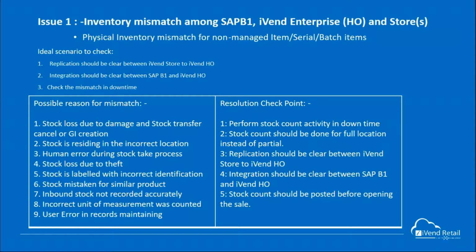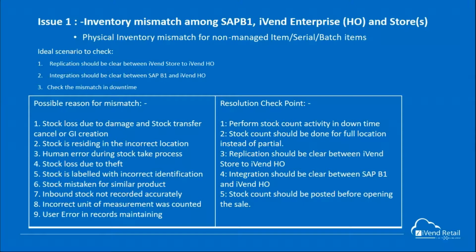So you always need to take the utmost care that when you are doing the inventory reconciliation between two points, the iVend enterprise on one side and the store on the other, you ensure replication is all clear at both ends, from HO to store and store to HO.